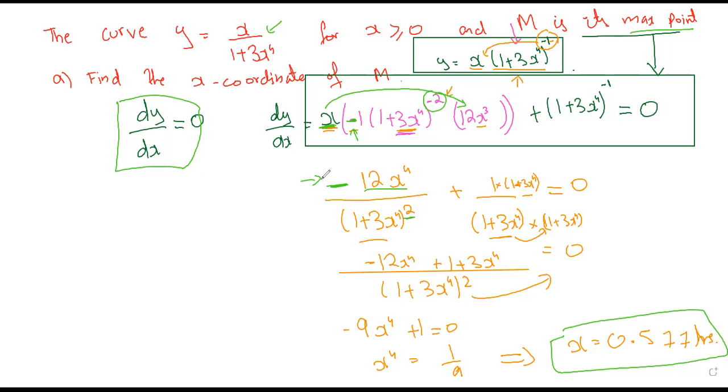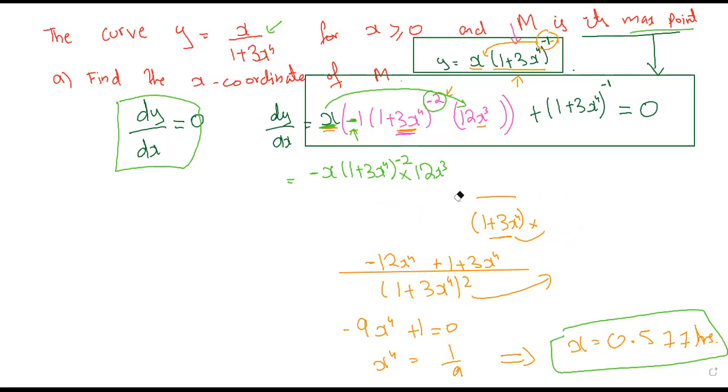This will give me minus x multiplied by 12x cubed divided by 1 plus 3x to the 4. Now what do I have? When bases are same, powers are added. Minus 12x to the 3 plus 1 will give me minus 12x to the 4.